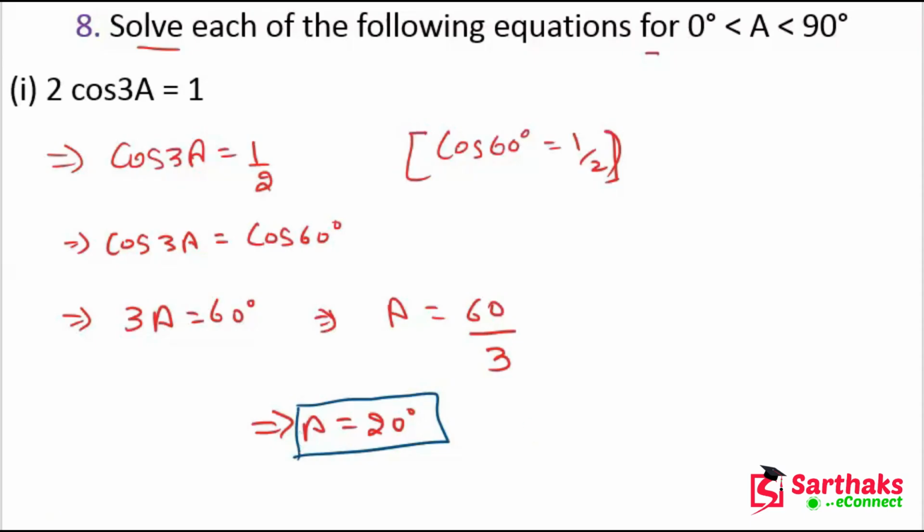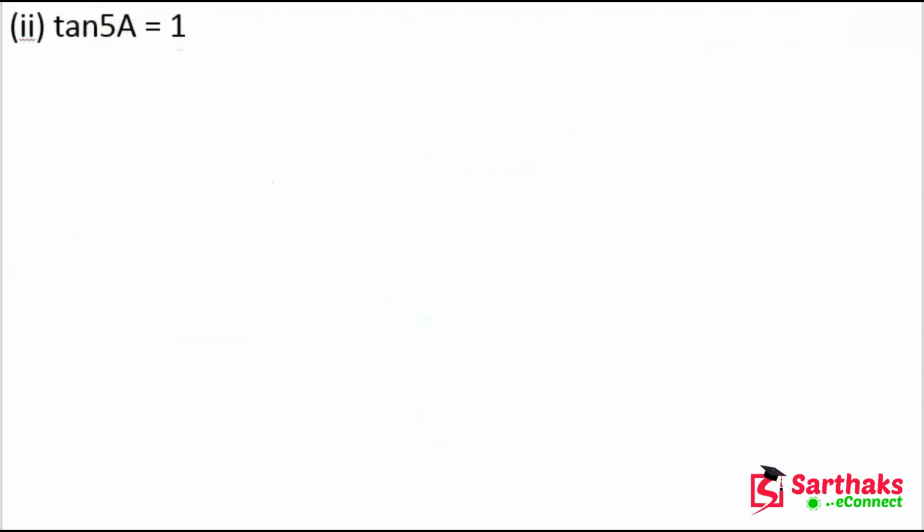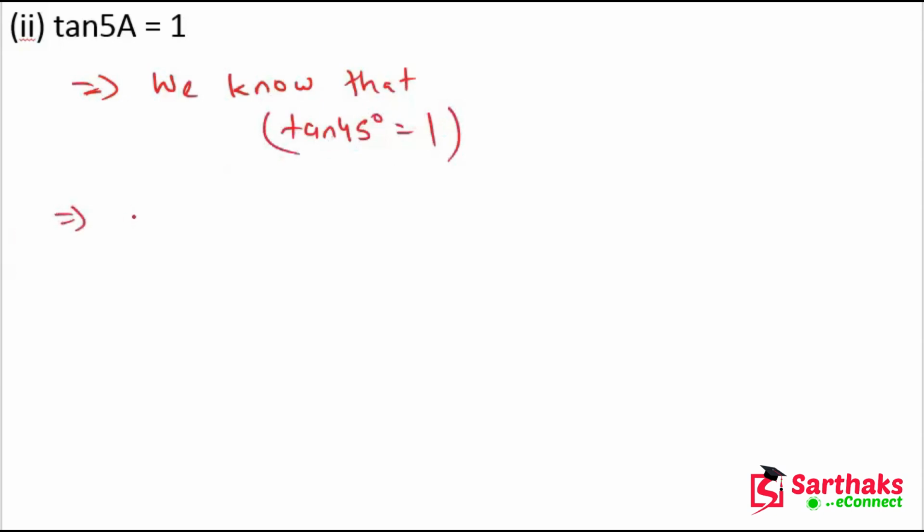Now the next question is tan 5A is equal to 1. We know that the value of tan 45 degree is equal to 1. So we can write tan 5A is equal to tan 45 degree.